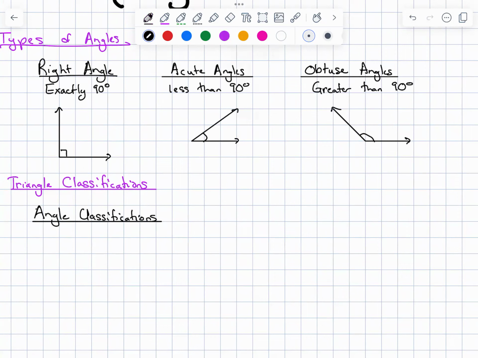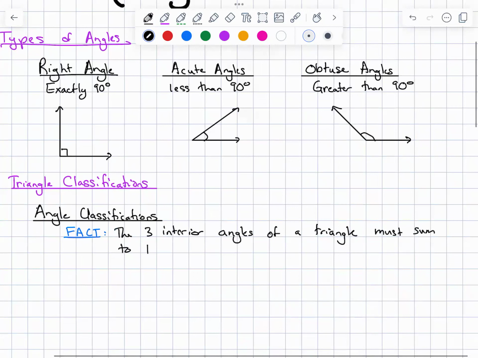As a small little fact that we need to write down, the three interior angles of a triangle must sum to 180 degrees. So they must always add up to exactly 180 degrees.